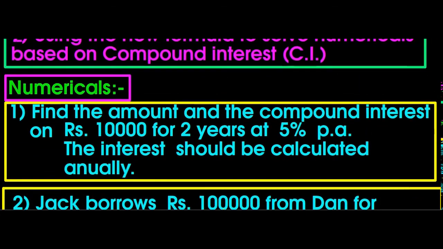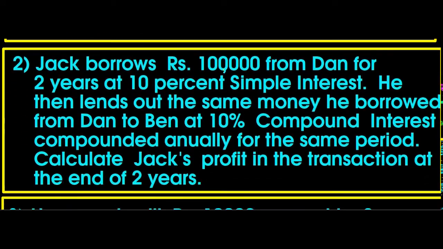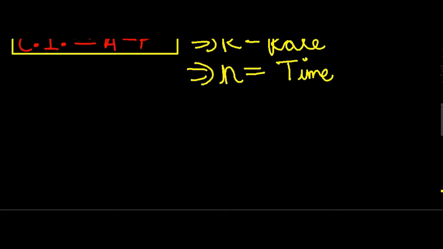So the sum says find the amount and the compound interest on rupees 10,000 for 2 years at 5% per annum. The interest should be calculated annually. So friends, sum number 1.